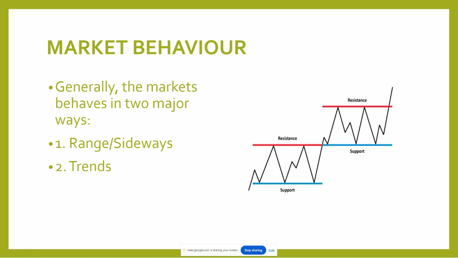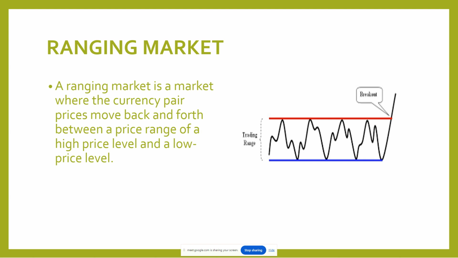The market starts ranging, going back and forth between two prices, and then all of a sudden there is a breakout that results in a trend or into another range. That's how the market behaves.